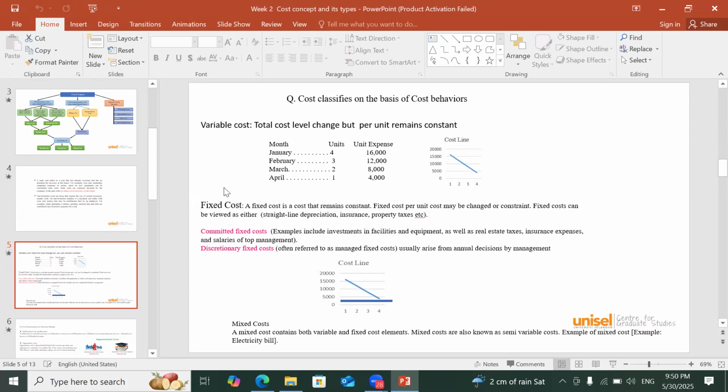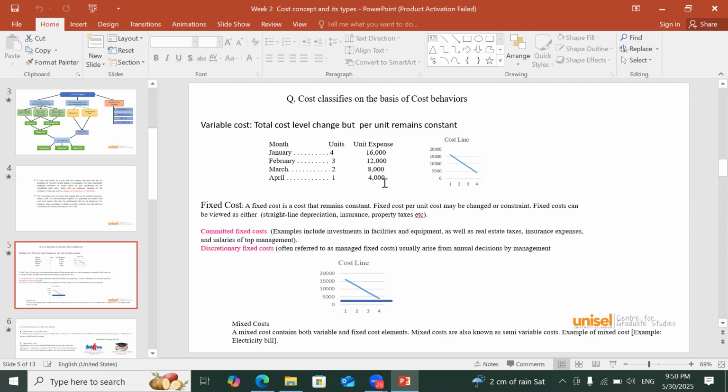Variable cost and fixed cost. This is a fantastic example of variable cost. Look at the month and unit expense. There is a relationship. 4 units, total expense 16,000 taka; 3 units, total 12,000; 2 units, total 8,000; 1 unit, 4,000 taka.